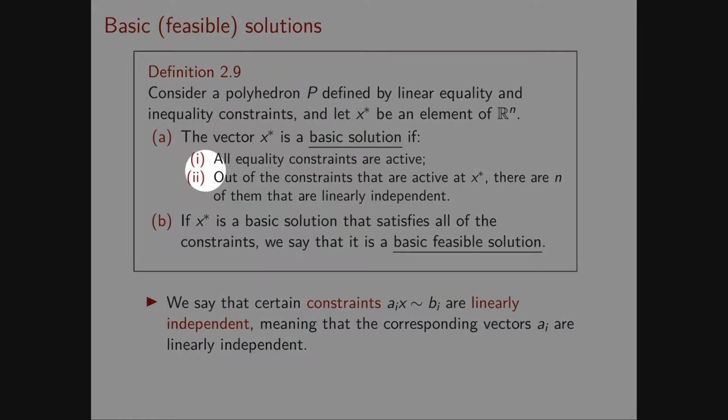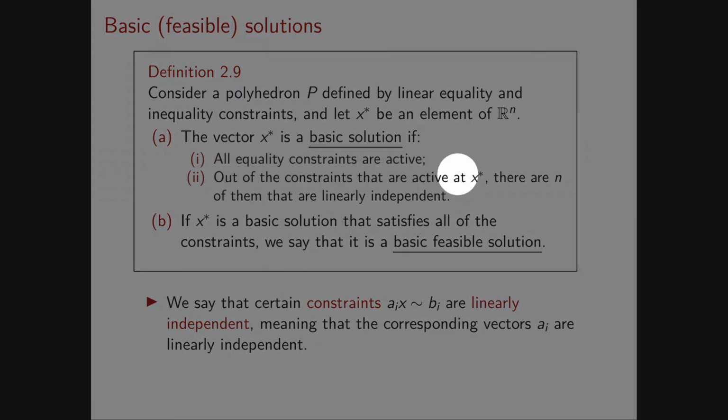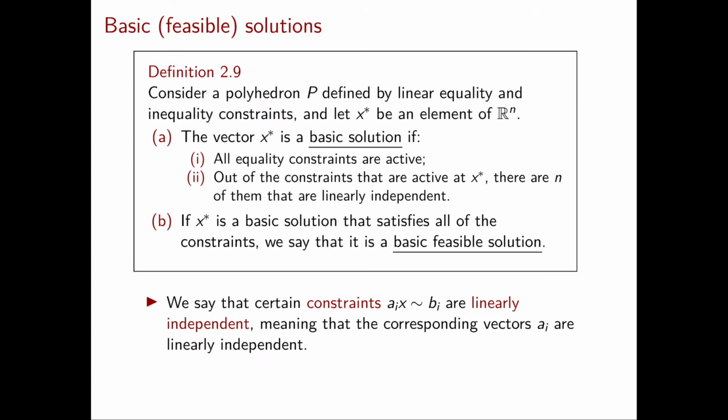The first condition says that all the equality constraints are active, which simply means that all the equality constraints are satisfied. Secondly, out of the constraints that are active at x star, there are n of them that are linearly independent. And note that n is the maximum number of constraints that can be active at x star and linearly independent, because our space has dimension n.